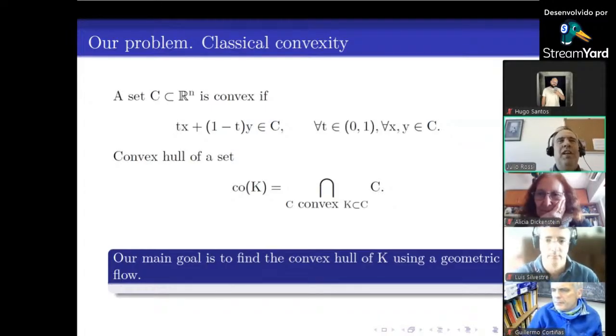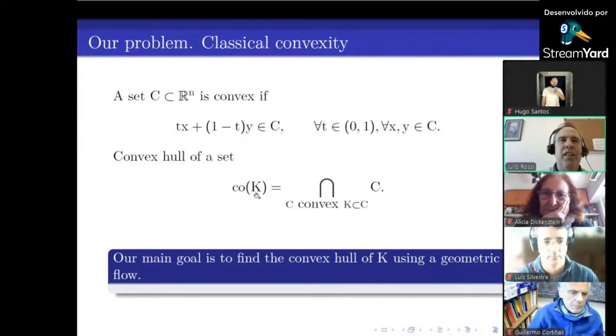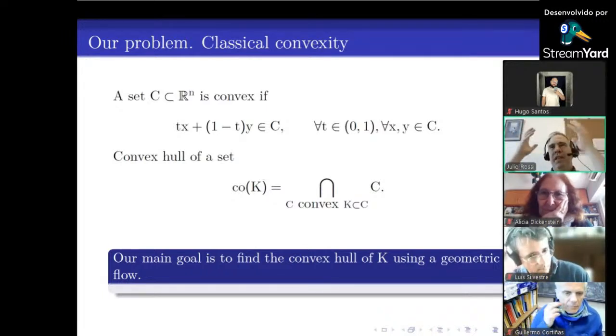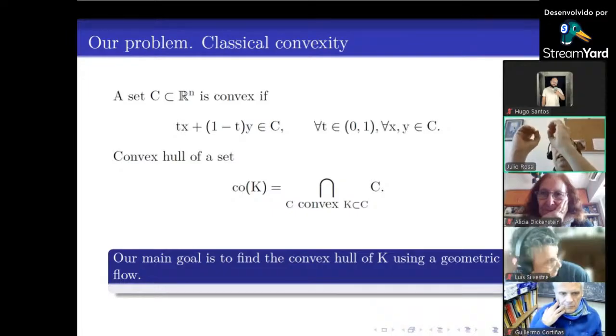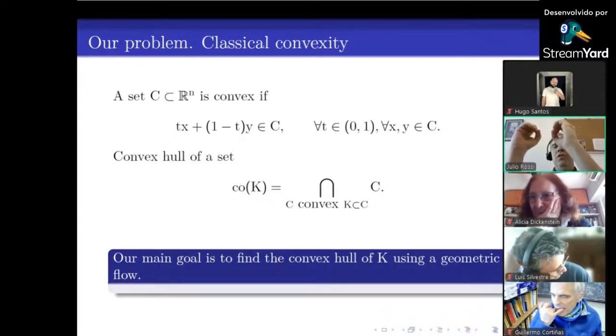What is the convex hull of some set? You are given a set K that is not necessarily convex. The model case that we are thinking of all the time is that the set K is the union of 2 disjoint balls.